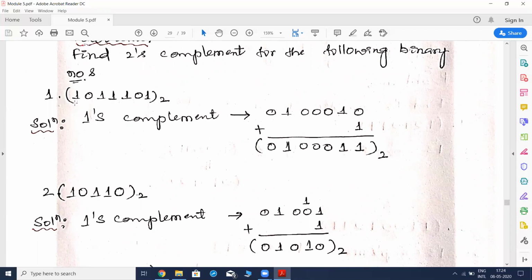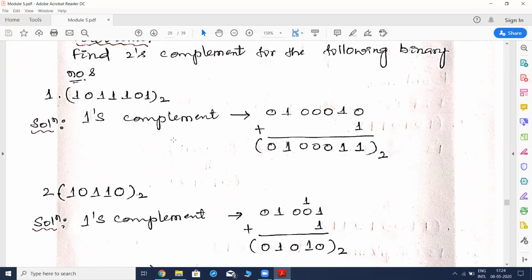Look at the problem and replace every 1 by 0 and 0 by 1. That is how it is written. So for 1 0 1 1 1 0 1, the 1's complement is 0 1 0 0 0 1 0.